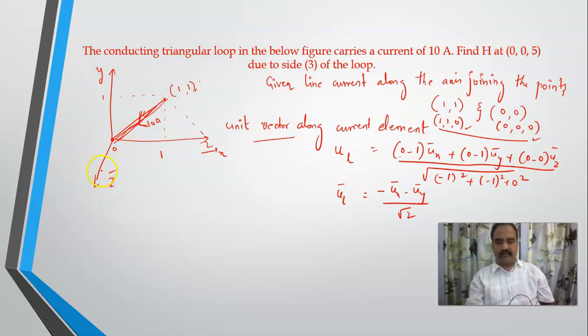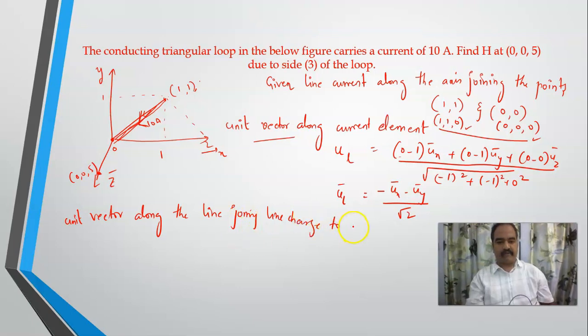And see, my point is somewhere here. It is (0, 0, 5), right? So the unit vector along the line joining the line charge to the point.